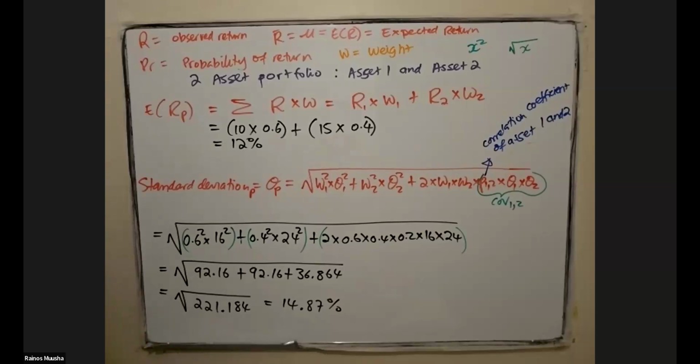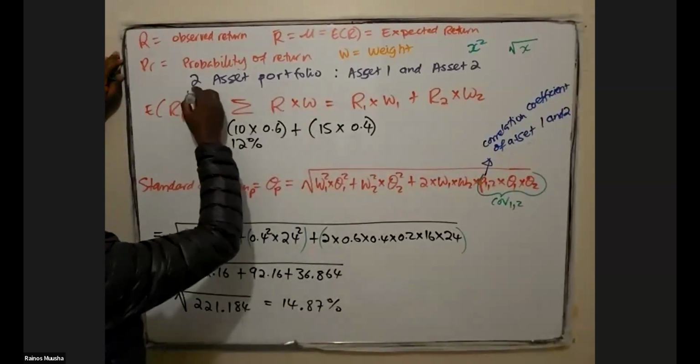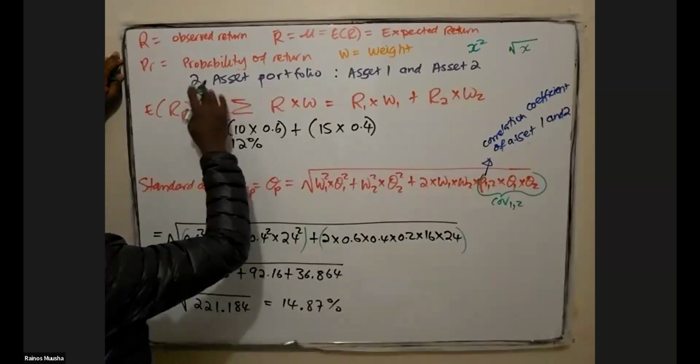Where they might try to make your life a bit trickier is where you need to remember the concept that for a two asset investment, you have weight of asset one.